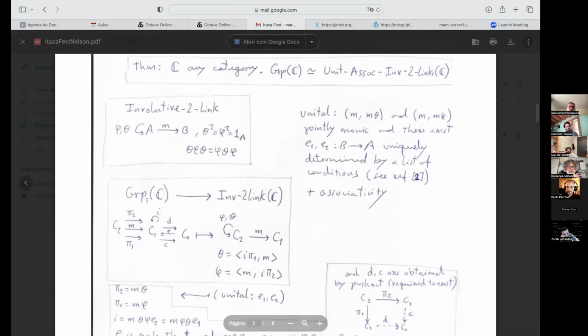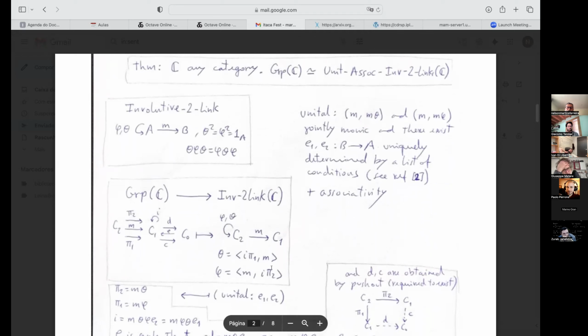So there is a functor from every groupoid. We can extract an involutive two-link structure, namely, we just recover the multiplication or the composition of the groupoid. This is our M. And then we build up these two endomorphisms, with these two formulas.